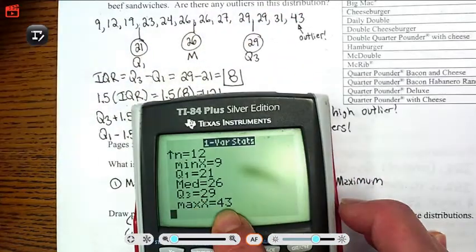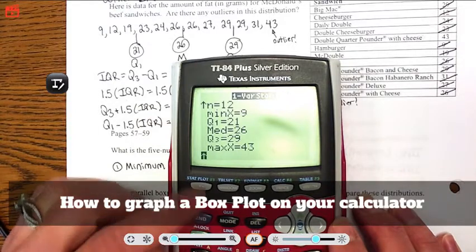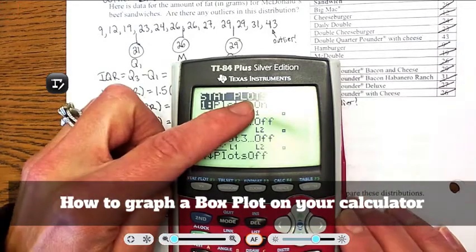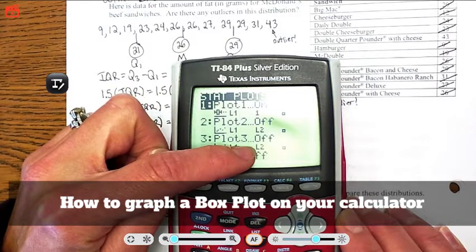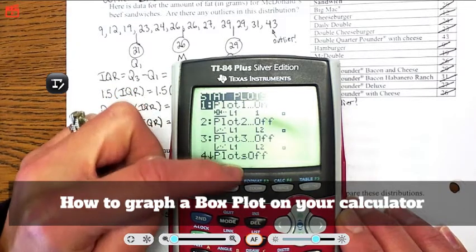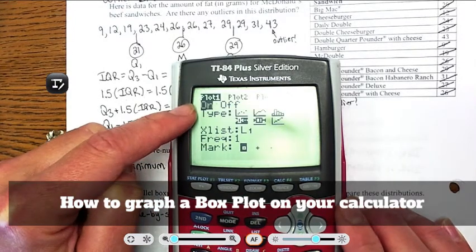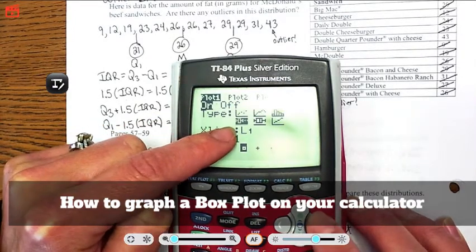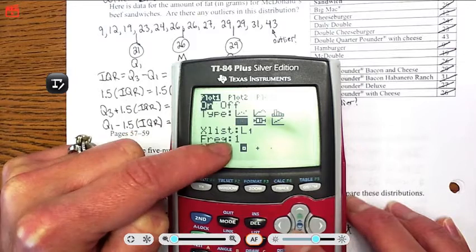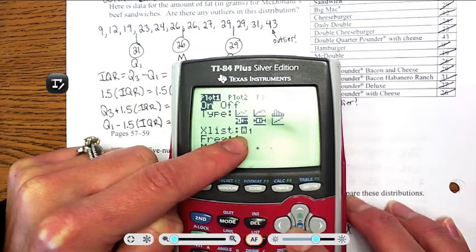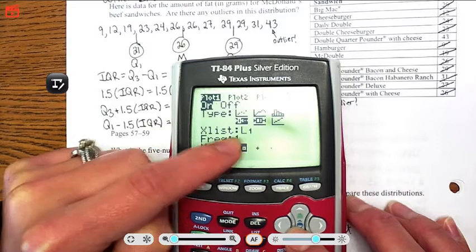max is 43. So what I'm going to do is go to stat plot, turn plot 1 on, and if any of these other ones are on, you're going to want to make sure you go ahead and turn them off. Okay, so go into plot 1, make sure it's on, go down to box plot, because you want to graph a box plot of this. Make sure you're pulling from L1, because that's where you put your list of data.